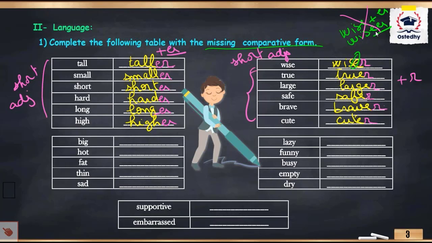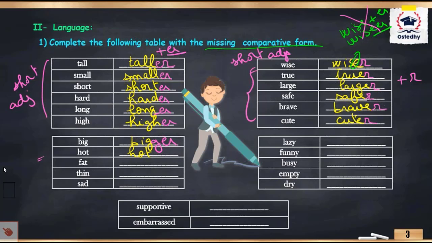Okay? Good. Now, Rudaina, can you please help me in the next table here below? I'm still having short adjectives. Okay? So what do I have? Bigger, and double G. Good. So here, the change I will be doing is adding another G. Then the next one.